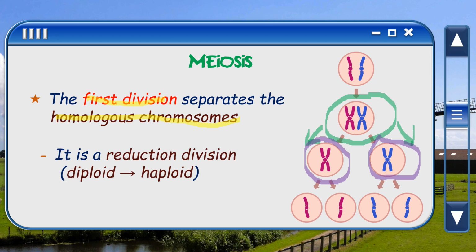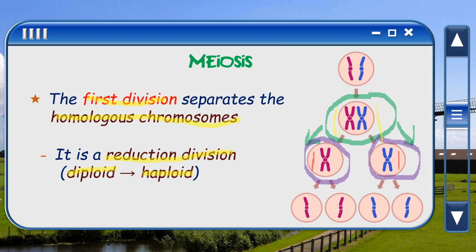It is a reduction division, meaning that now the cell is becoming haploid. It was diploid, but now the cells are becoming haploid. If you look at this first cell here, you will see that the cell is diploid. It has a pair of chromosomes. Now, when they undergo division and each one goes in its own cell, the number has reduced.